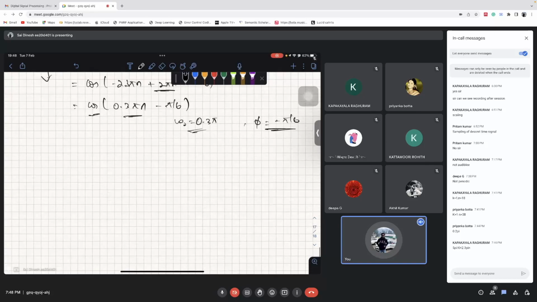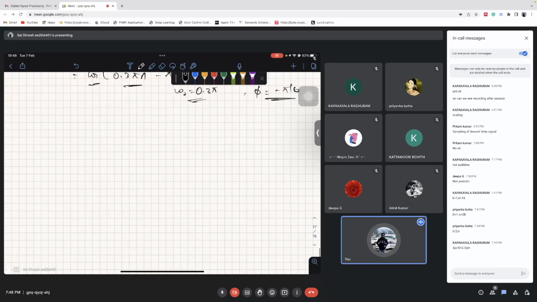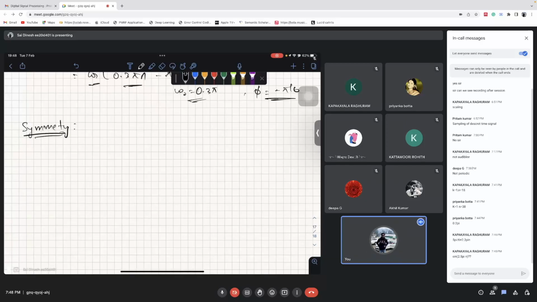One more thing that I wanted to talk about is symmetry, which is also one characteristic of a signal. If a signal x of n is conjugate symmetric, it means x of n is equal to x star of minus n.